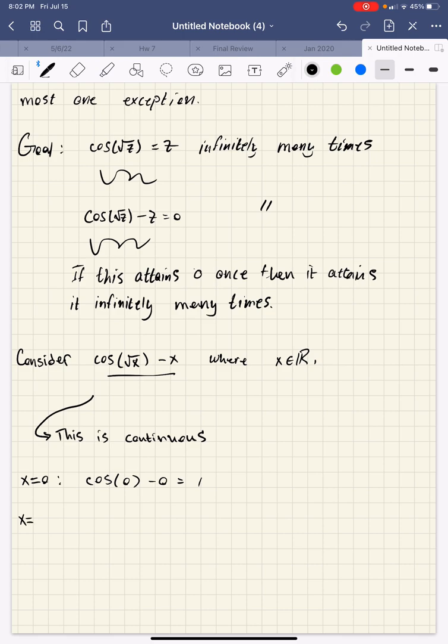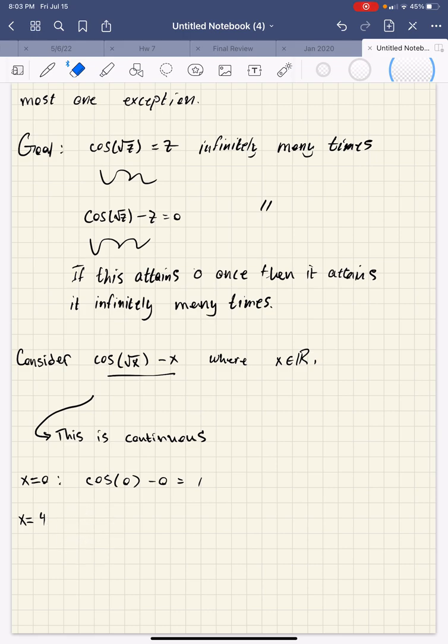What's another nice one we could do? What I'm trying to do here is use the intermediate value theorem. I don't think this should be too hard.